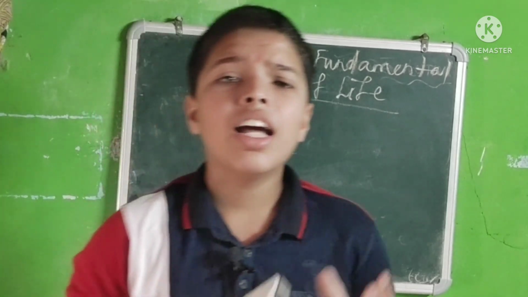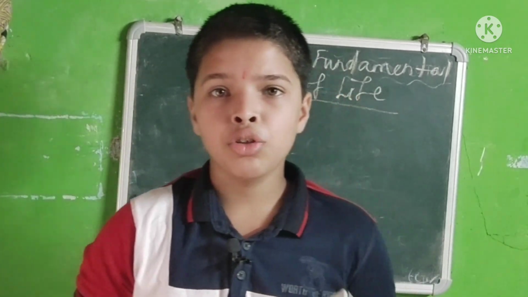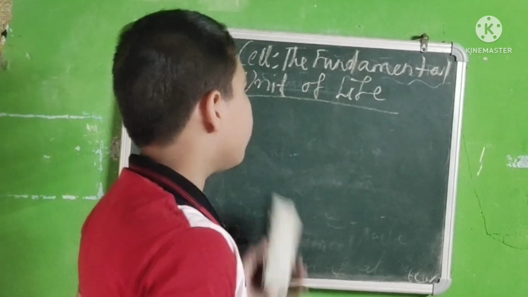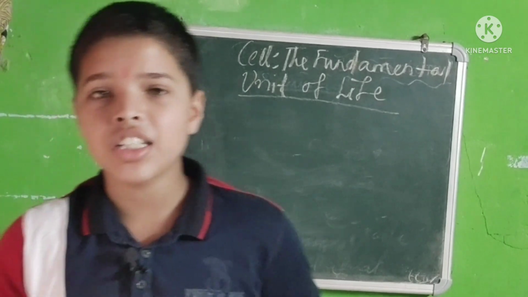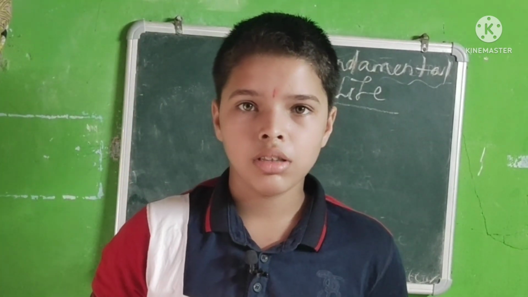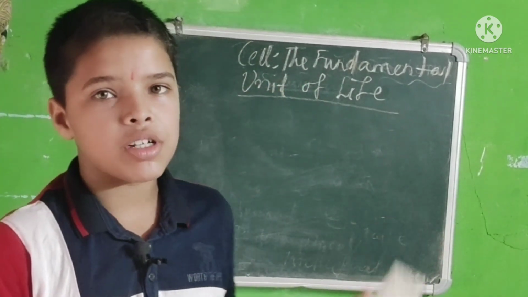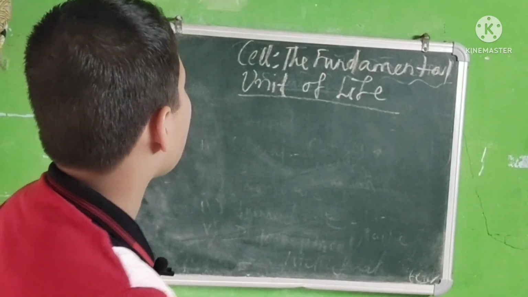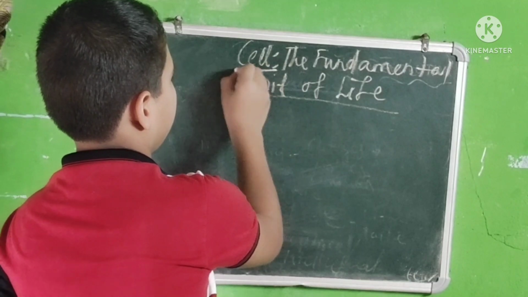Yeah, in class 9 you will be reading "Cell, the Fundamental Unit of Life" in the NCERT CBSE coursebook, and that is the first biological chapter in your NCERT book. Today we will be getting the concept of cell.